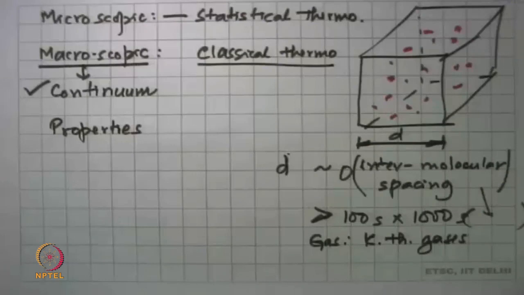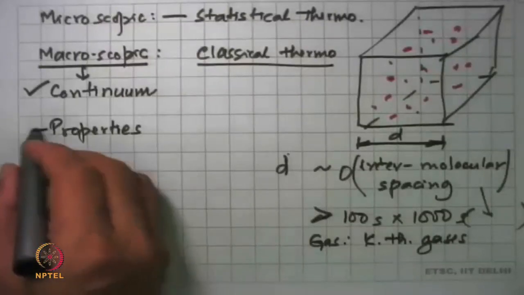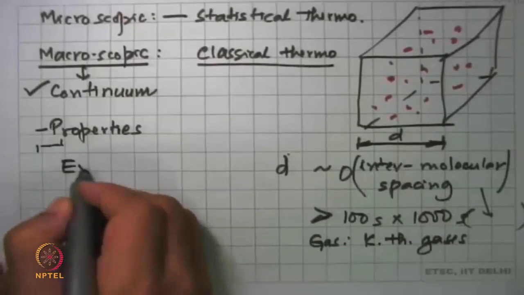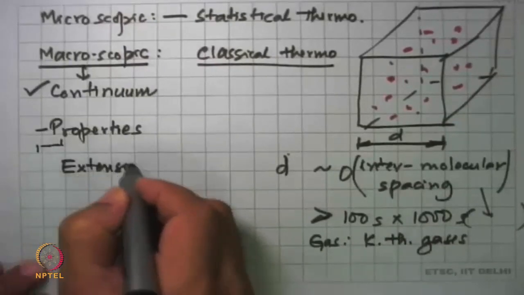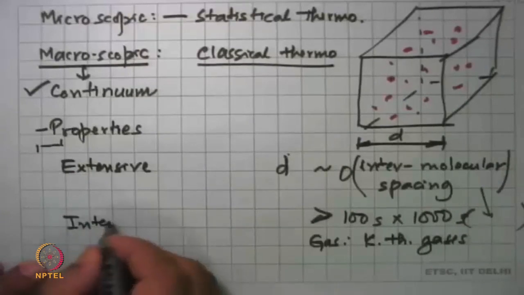Okay, so let's now go back and see what are the properties that we have. We can classify properties in two ways. One is what is called an extensive property, and the other intensive.